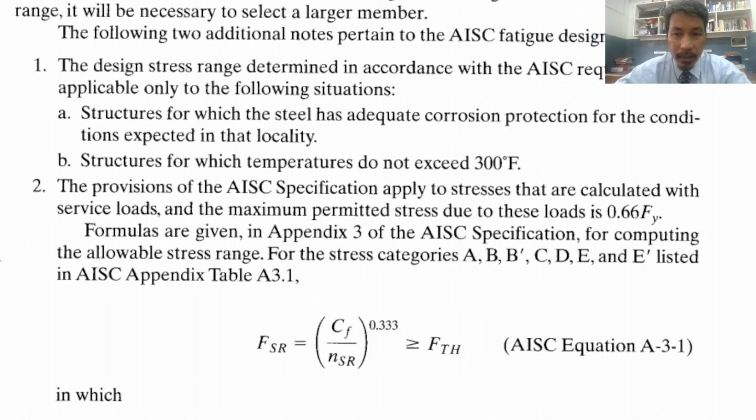This is our main formula. F_SR is the allowable stress range in ksi. C_f, what is C_f? A constant from the table. Let us take a look at C_f. Then n_SR is the number of stress range fluctuations per day.